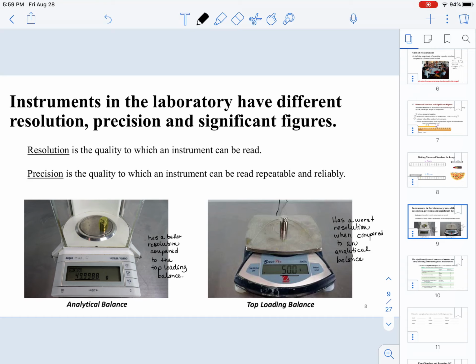The precision of each instrument at this moment cannot be addressed because we are not performing an experiment in which we are taking the mass over and over on each instrument in order to study that. So the only commentary that we can have from these observations is that analytical balances have a better resolution because we have more numbers on the display when compared to the top loading balance.